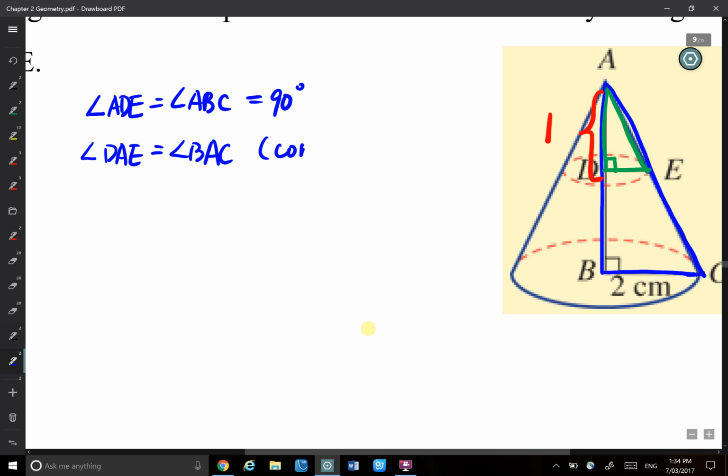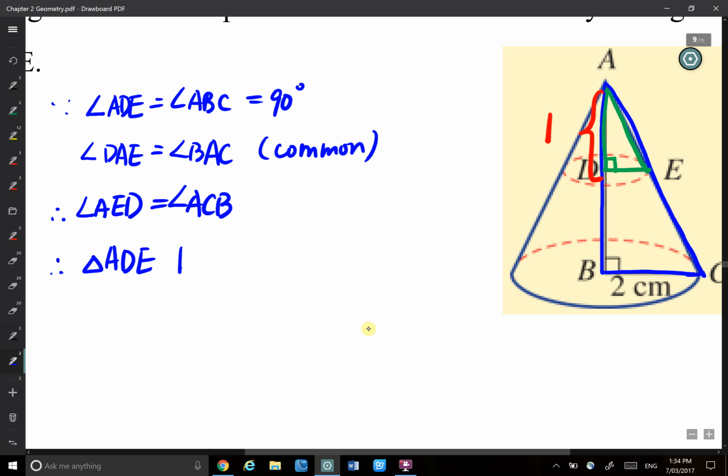That is common. Because of that, the third pair must be the same. So therefore AED must equal ACB. Therefore the triangle ADE is similar to the triangle ABC by AAA. Okay, still proved by AAA here.